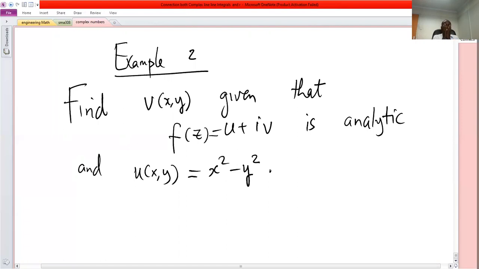When they give you this instruction, it is the same thing as just simply asking you to find the conjugate harmonic of the function u.